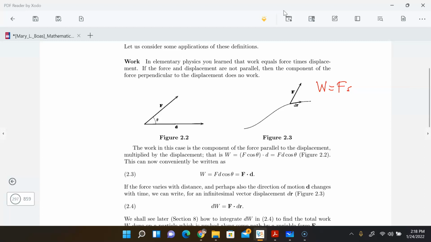But generally one could have that your force will be pointing in a different direction. So here's a picture of the force pointing in a different direction, but the displacement is actually along the horizontal direction. So in order to calculate what the work done is in this particular case, it would be a dot product.